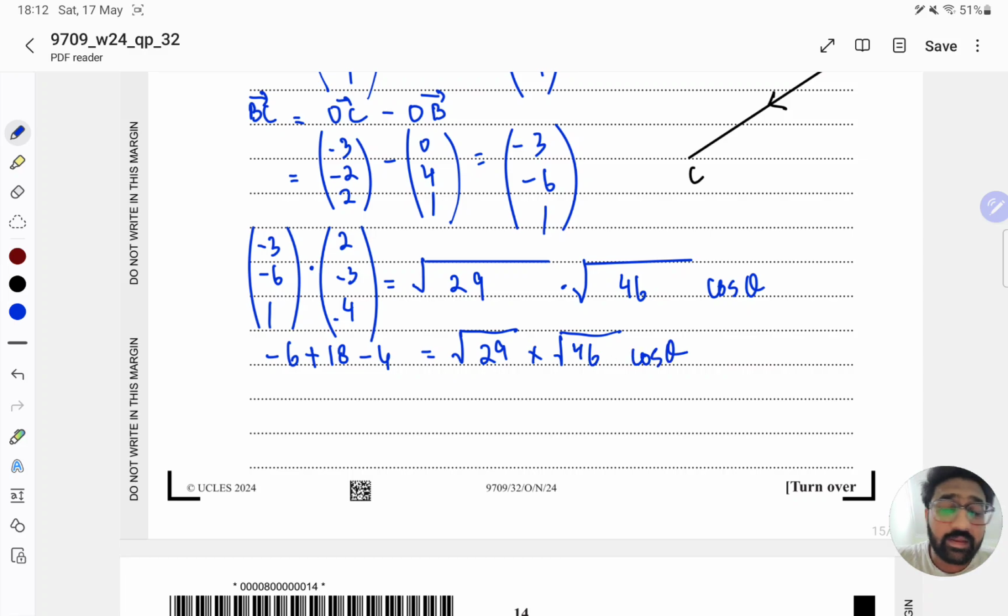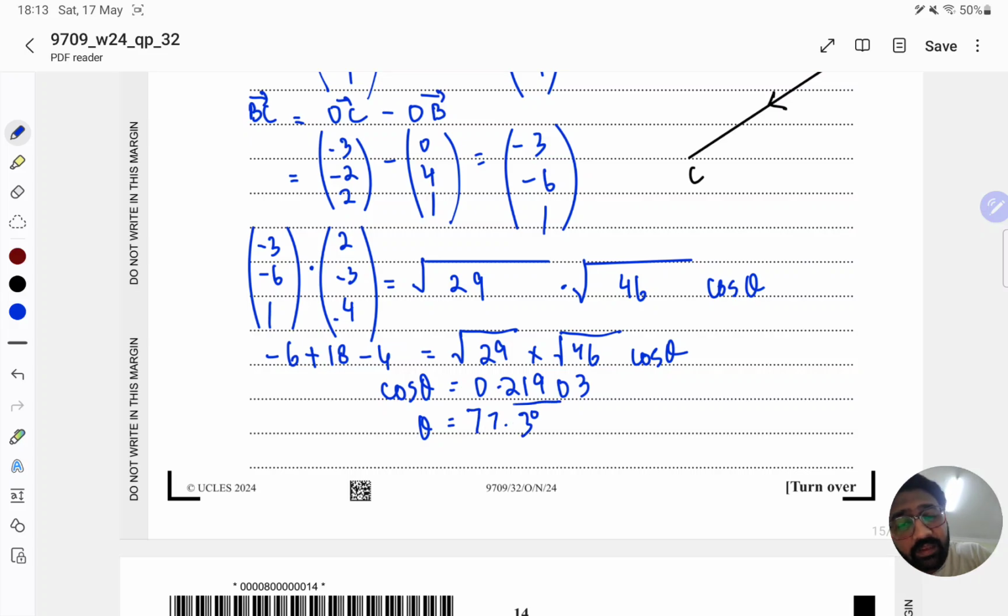So cos theta is -4 divided by square root of 29 into square root of 46. The answer is cos theta is -0.21903, and the value of theta is 77.3 degrees.